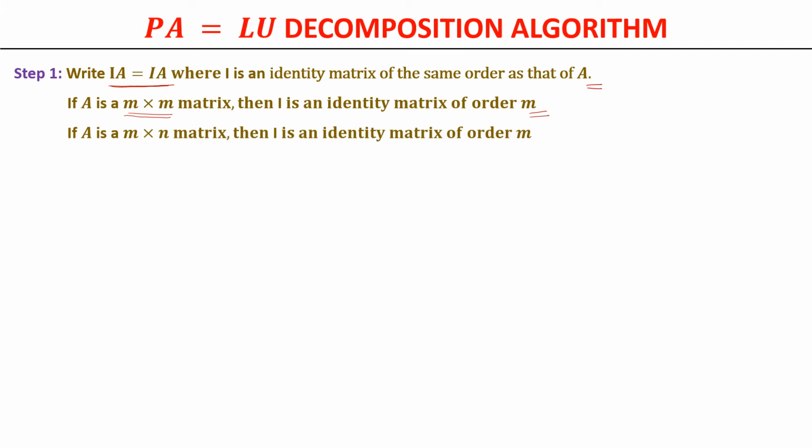But if the given matrix is rectangular, then I will be an identity matrix of order m, meaning that m here denotes the number of rows.